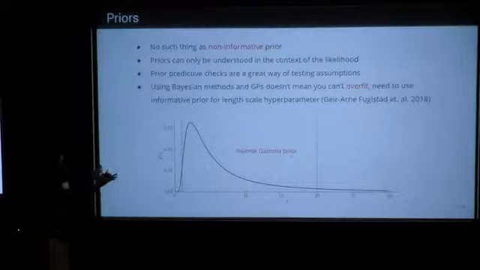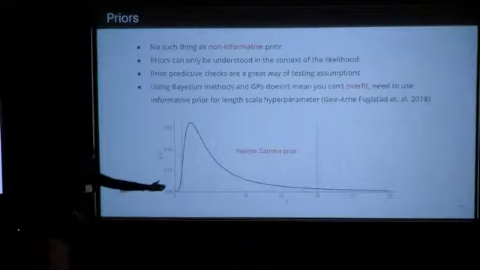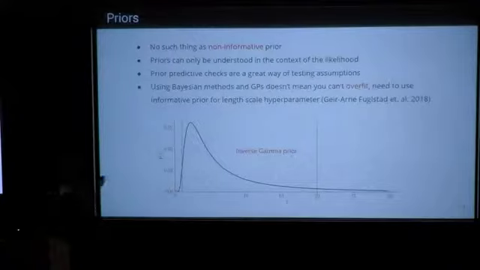In particular, for this length scale parameter, you want to avoid overfitting. One prior which works quite well is the inverse gamma prior, which doesn't put a lot of probability mass below, say, the median spacing of the data points, because your data can't really inform the model about those scales.